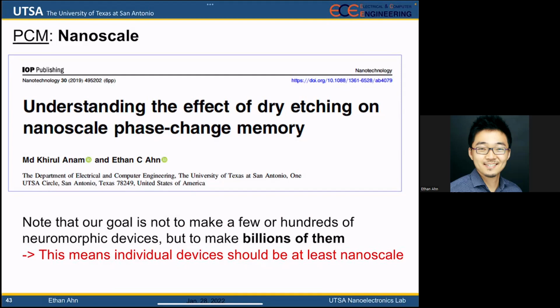Individual devices should be at least nanoscale, even smaller than that, so certain issues may arise because of this very small scale. I did some study on, for example, when you do dry etching to make nanoscale PCM devices, how it impacts the performance of your nanoscale PCM device. Again, if you are interested, feel free to read this paper, which was published a few years back, in 2019.